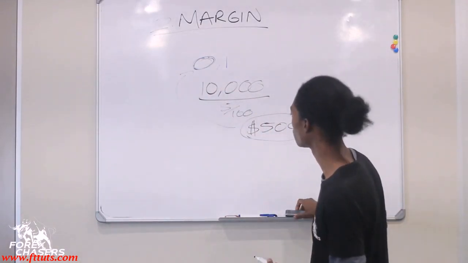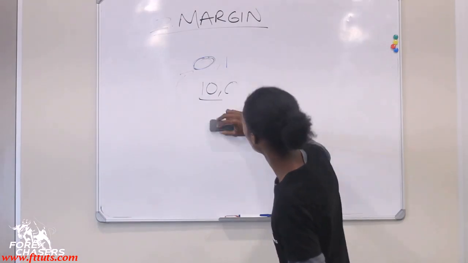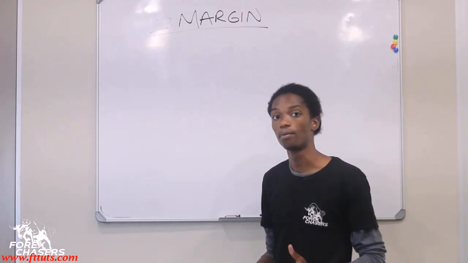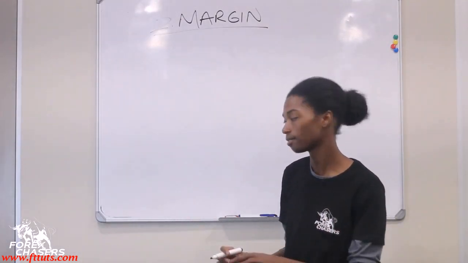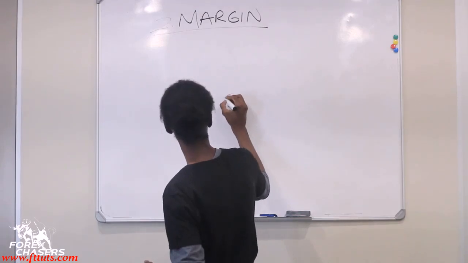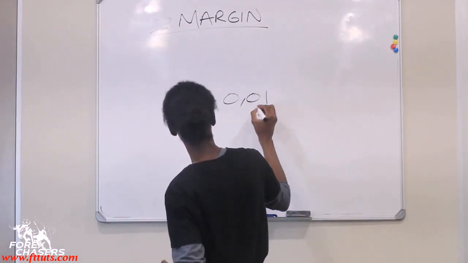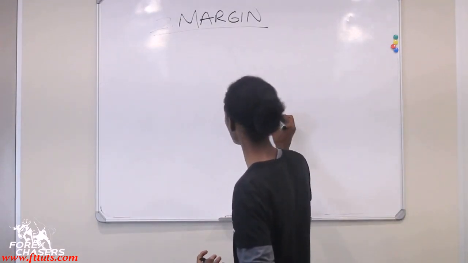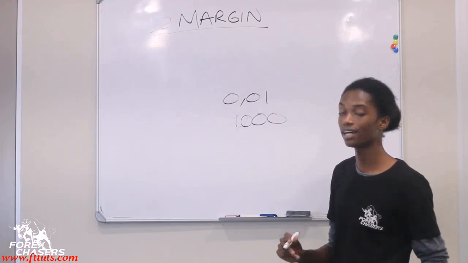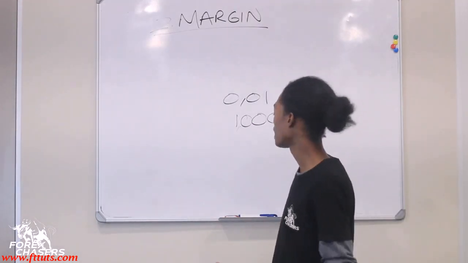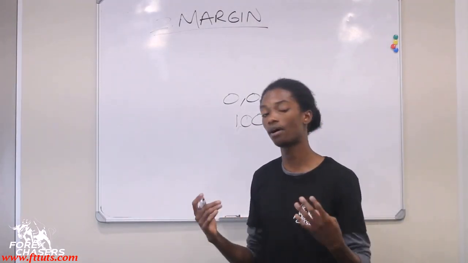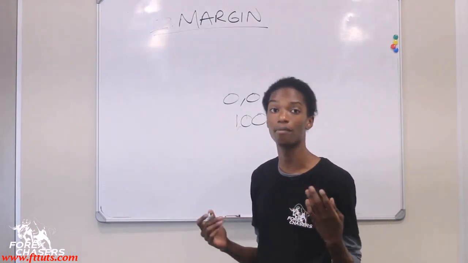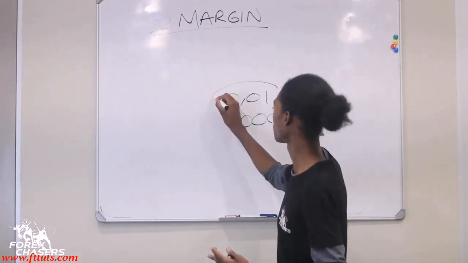Now let's go into a slightly different example, and let's say that we wanted to open a position with our broker for 1 micro lot. Now 1 micro lot is 0.01, which is equal to 1,000 units of currency. Let's say our broker requires a 3% margin on our position sizing.